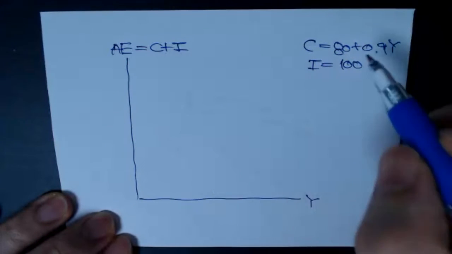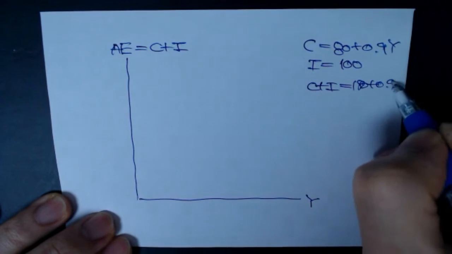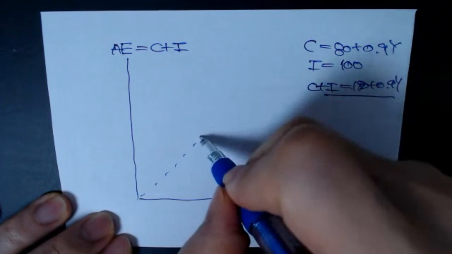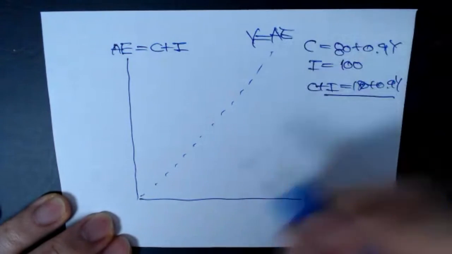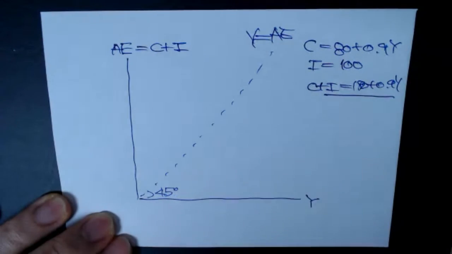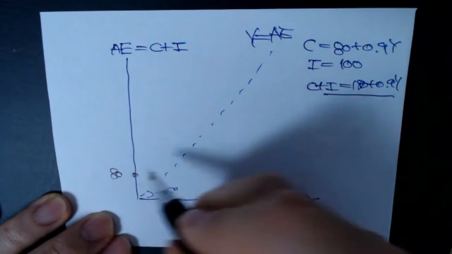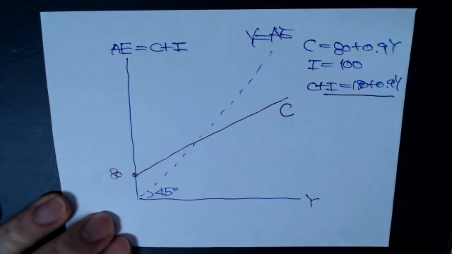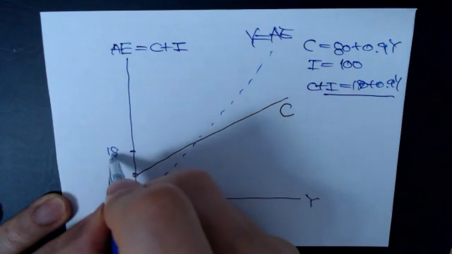So we can just add C plus I, which is 180 plus 0.9Y. So we have aggregate expenditure like this, with the 45 degree line. And as usual, we add the consumption function, which looks like this. So this is the consumption function, and we add an additional 100 on top of this, so 180.